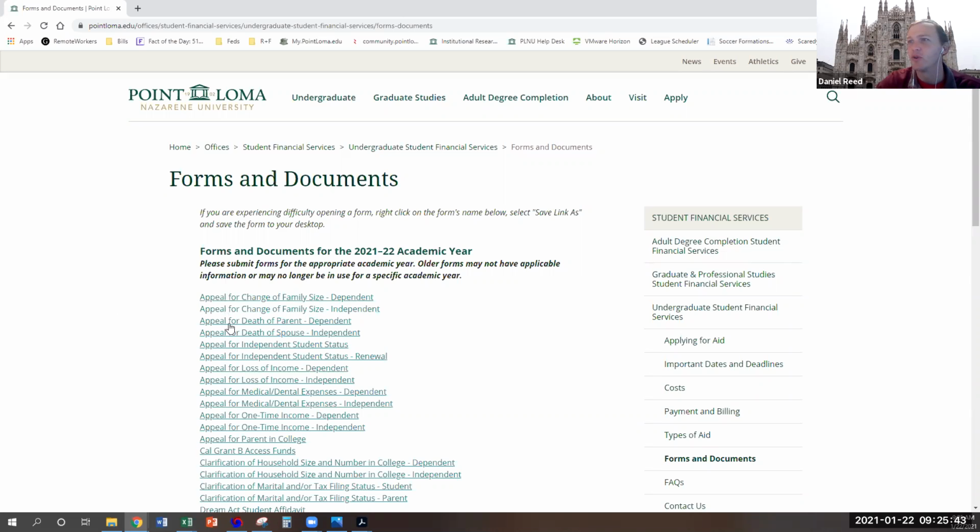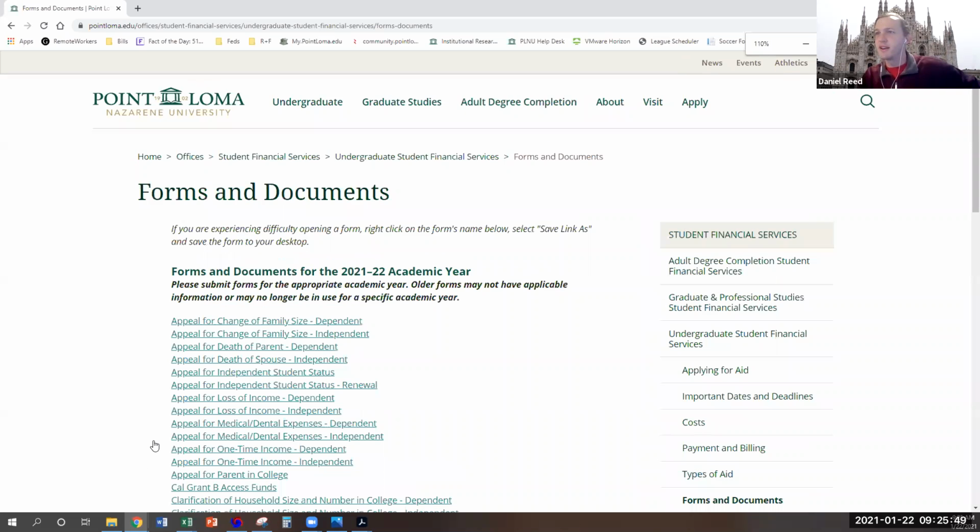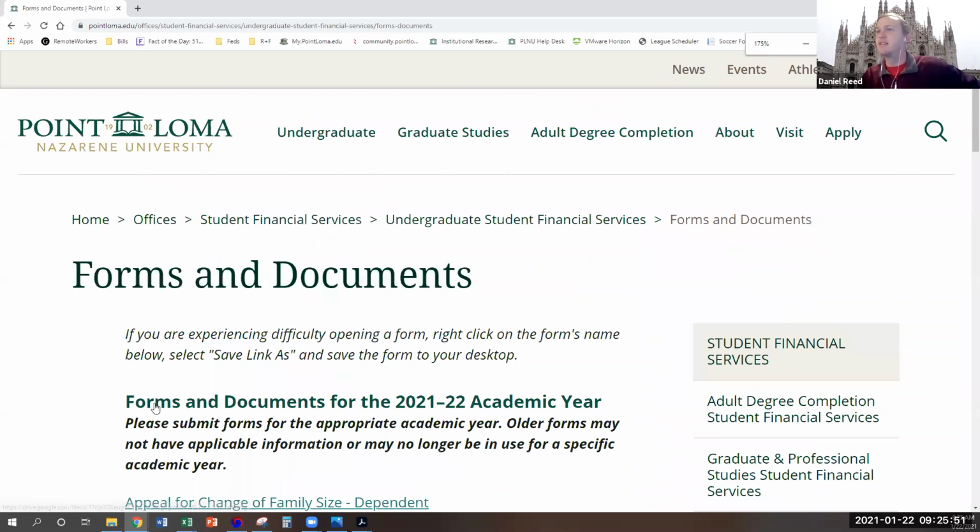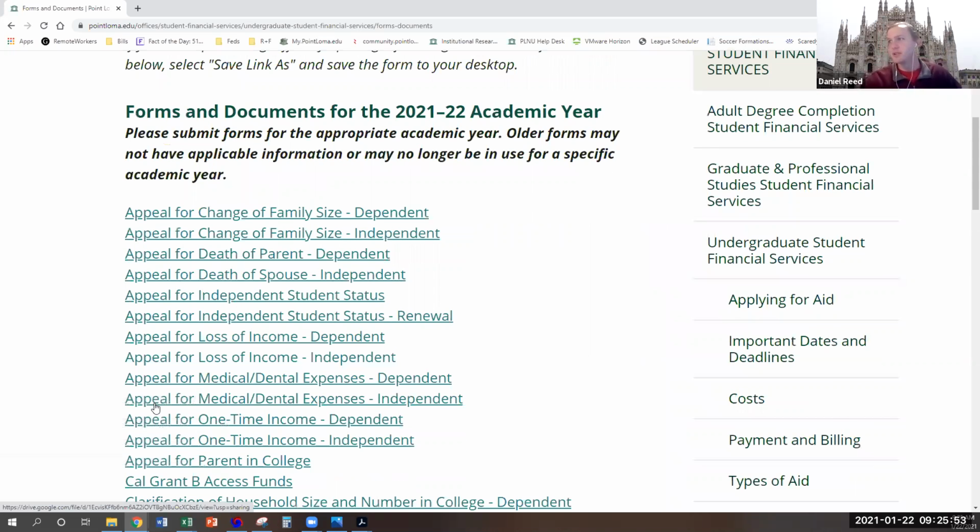So right now there's a whole bunch of appeal forms that are listed at the top of the forms and documents. And let me zoom in a little bit here to see if that'll help. Again, this is posted on the website, but hopefully that's helpful for the sharing.